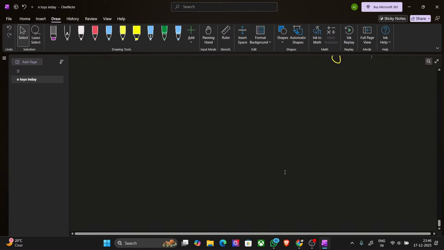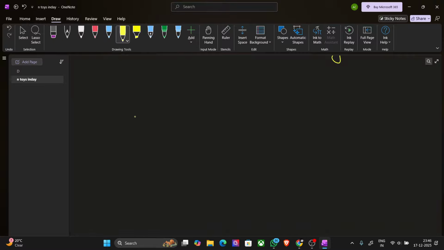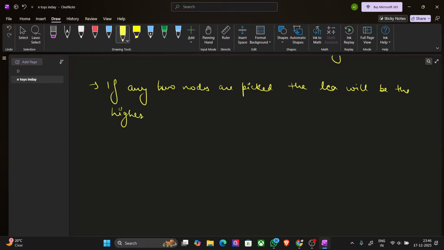Now, if you pick any two nodes, the LCA will be the highest point of that subtree. Right.